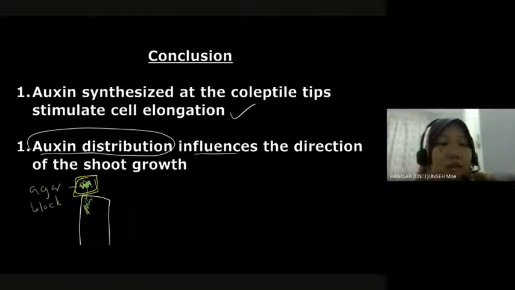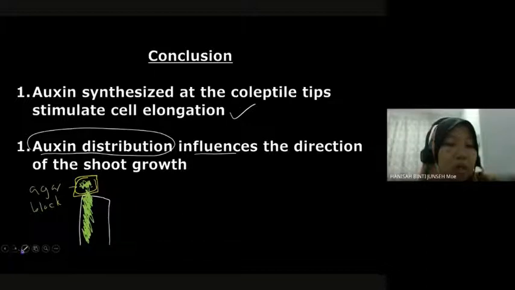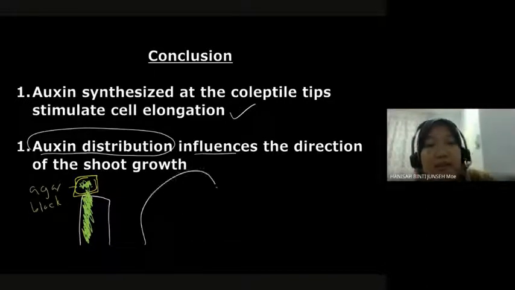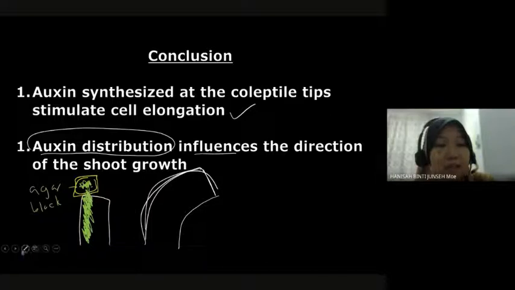Okay, so the auxin will be only diffused or available on the left side of the coleoptile. So that is why when the growth happens, only the left side will grow. So that is why the coleoptile will bend. Okay, the coleoptile will bend. So side yang ini sahaja yang akan growth available.